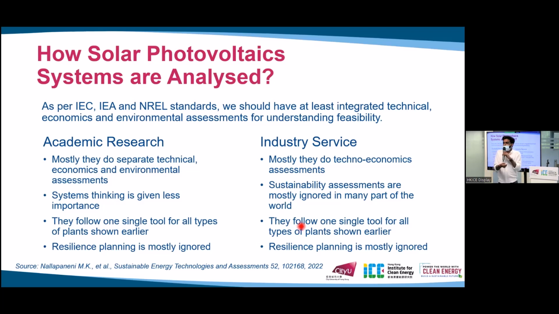Mostly they just use some CO2 numbers and multiplying factors. And then industry also follows a similar tool. That's why they give either underperformed or overperformed data that actually differs from the actual site performance. And even in the industry, resilience planning is mostly ignored, but if any customer asks, it will be an added service, but it comes with too much cost.